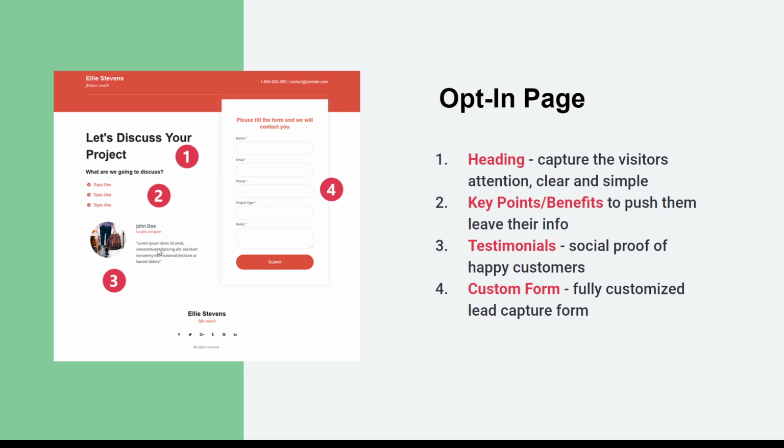And of course the form to collect the needed information, but don't add a lot of fields, because that will clutter the process, and you want to make it as simple as possible so that you can get as many leads, and after that you can follow up with more questions by doing a call, or however your onboarding and sales pitch continues. So these are the important parts of your opt-in page, and that can also be done in a pop-up, and we will look into that when we get into the creation of the actual funnel.